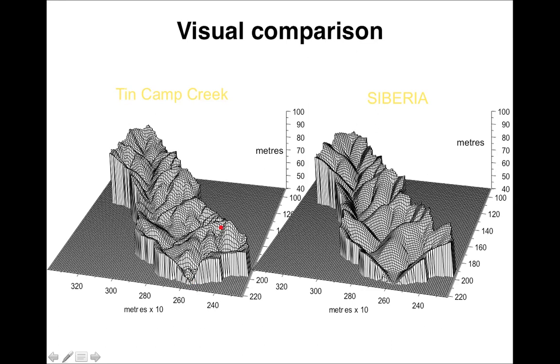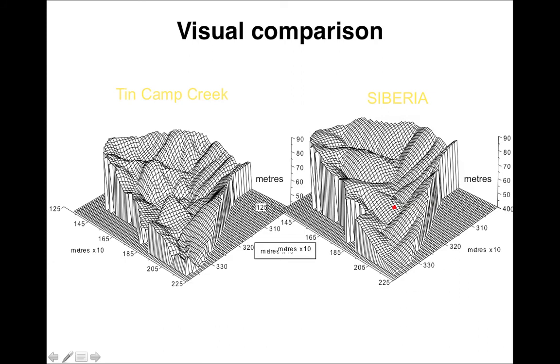We have similar types of hills, although they're not as lumpy. And again, comparing Tin Camp Creek with SIBERIA using different erosion parameters, you can see it's much smoother here in the SIBERIA model than what's actually observed.